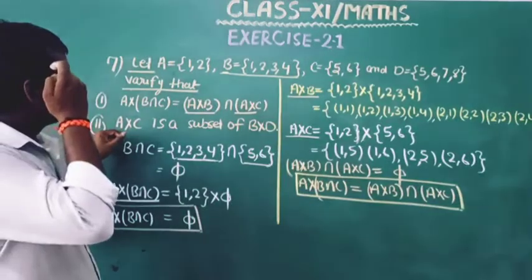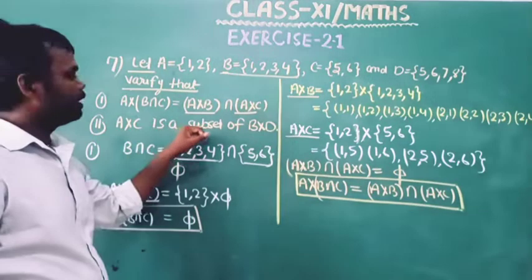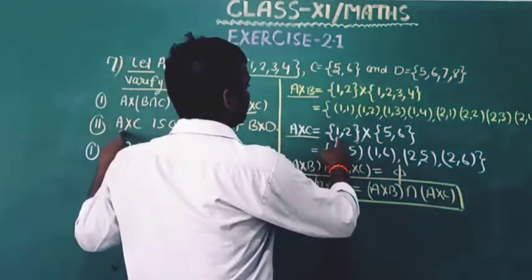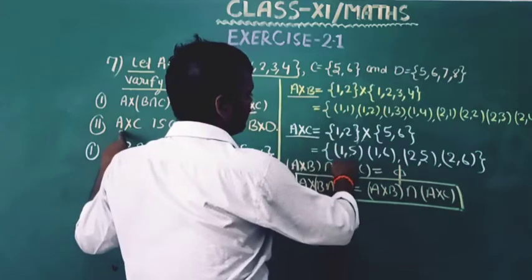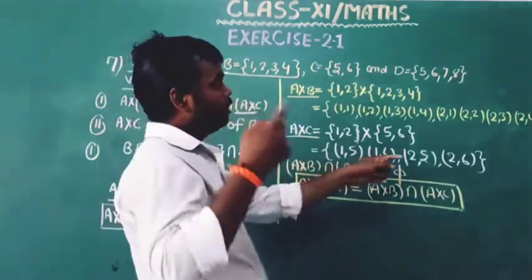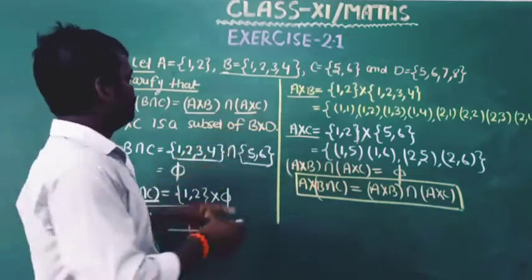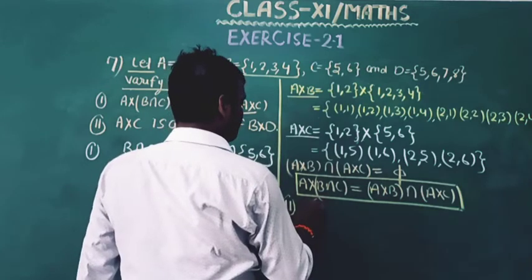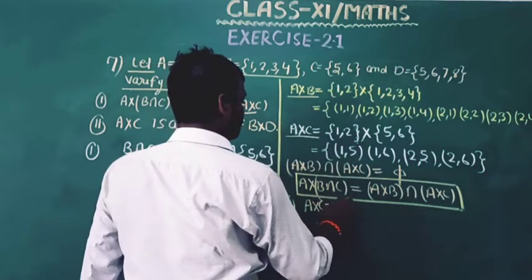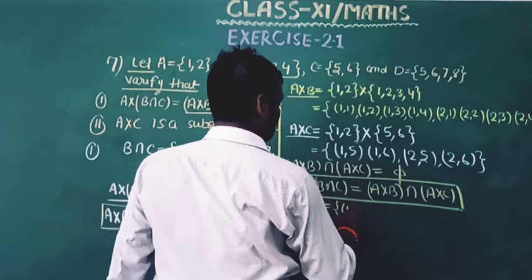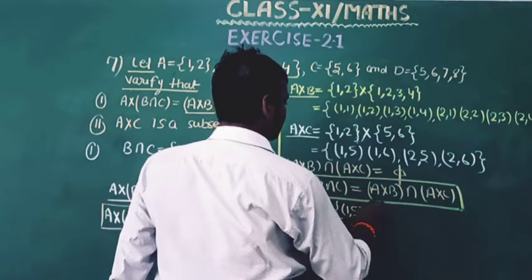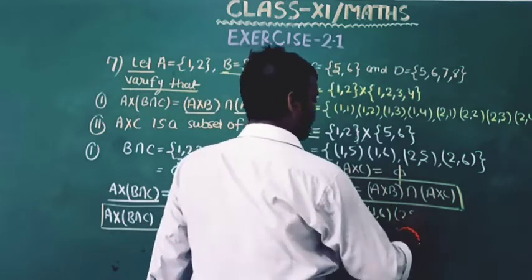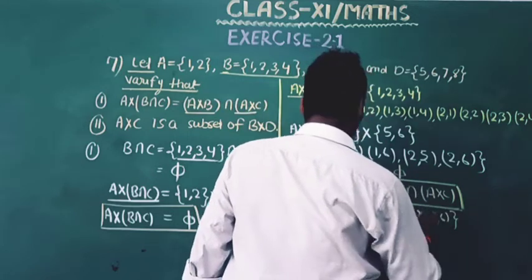In the second part we have to show that A cross C is a subset of B cross D. So first find A cross C. The ordered pairs are 1 comma 5, 1 comma 6, 2 comma 5, 2 comma 6.